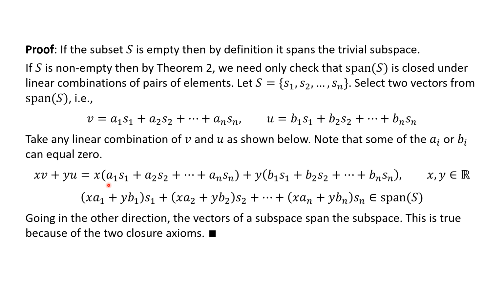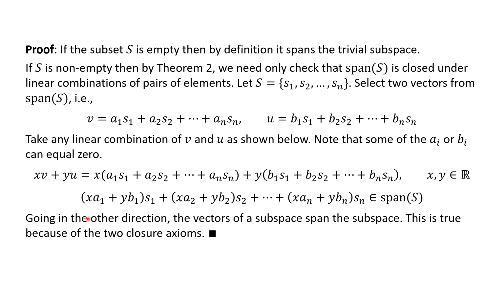S1 has coefficient x a1 plus y b1, and S2 has x a2 plus y b2 as coefficient, and so forth. And so this is just a linear combination of the vectors S1 to Sn. In other words, this linear combination is in the span of S.